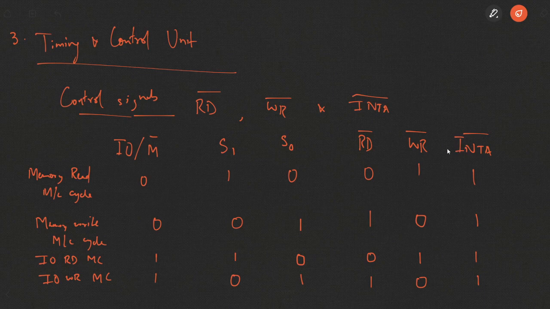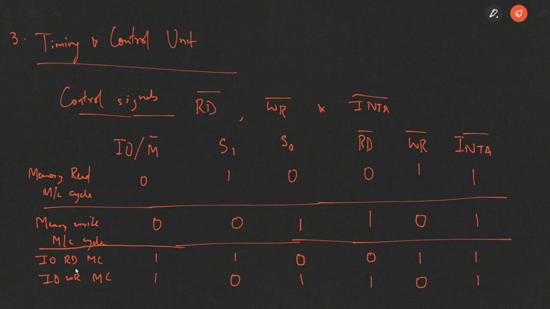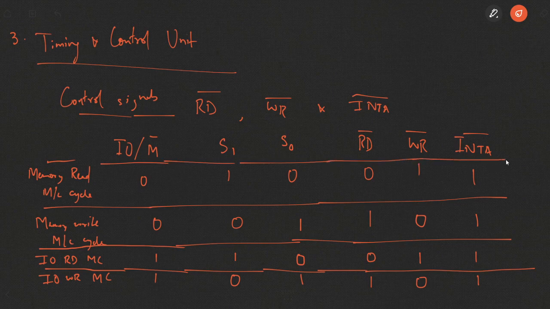So you can distinguish between different machine cycles by the status of different pins of the microprocessor, which is monitored by the timing and control unit. So these will be the values of different pins of the microprocessor.